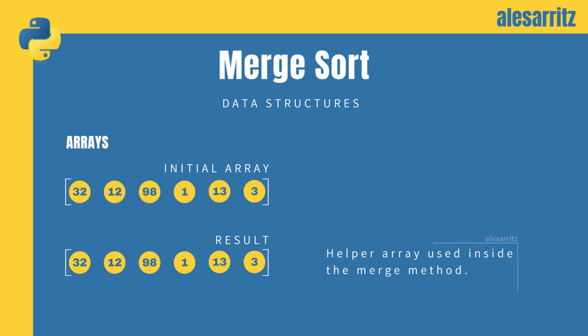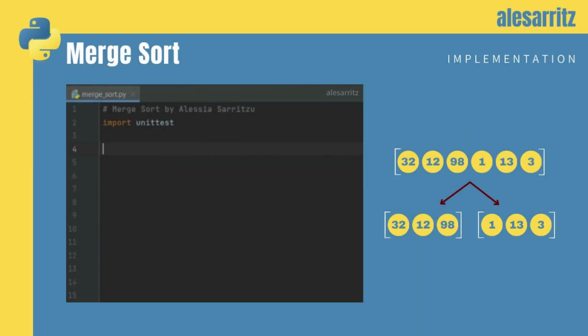Now that we briefly explained how merge sort works, let's see what data structures we'll need. If we want to sort an array, we'll just need the array itself and a helper array which will be used inside the merge method. We'll start the implementation developing the merge sort function.